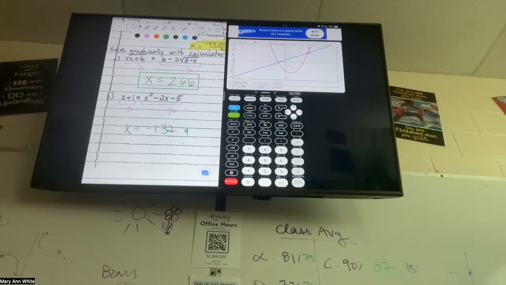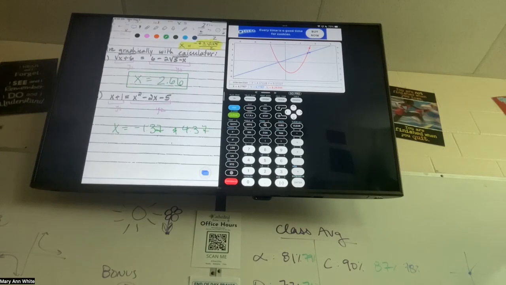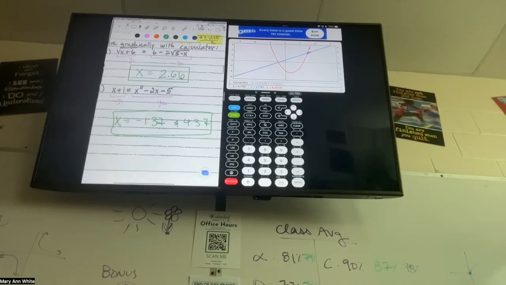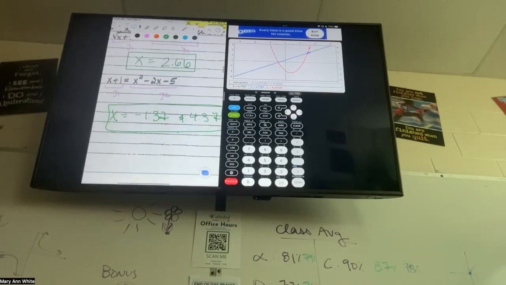We're finding zeros, finding intersection. Questions on this?